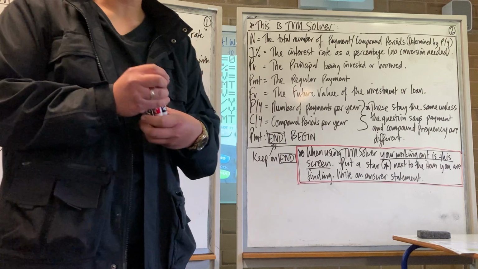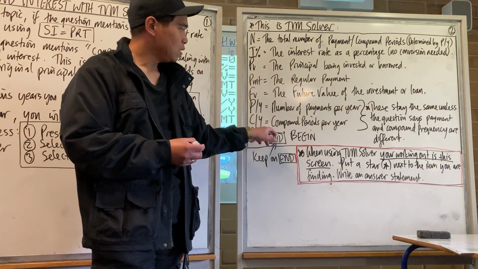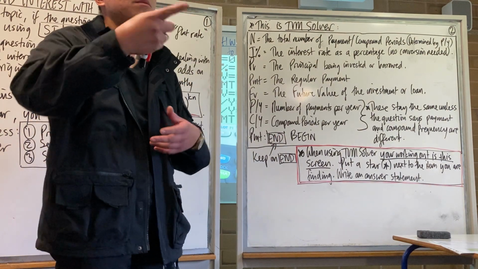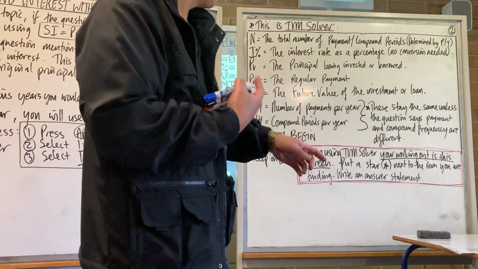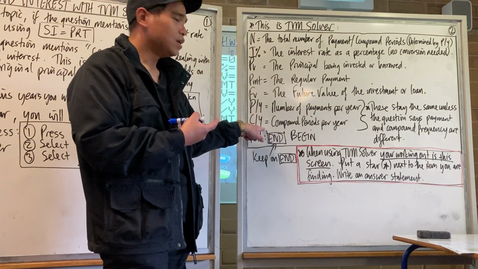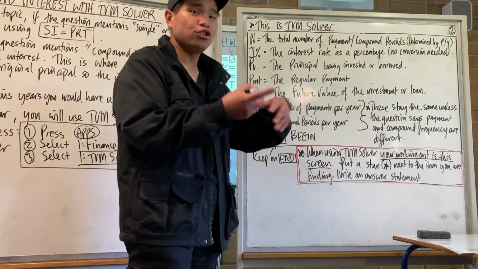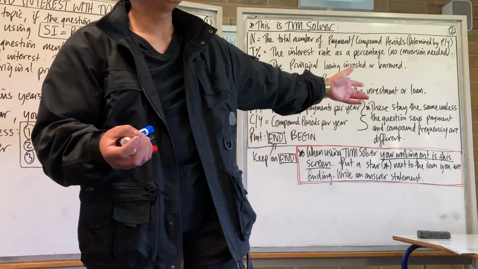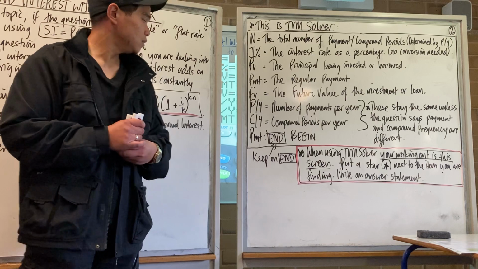Can you pay them more often than that? The bank always compounds once a month, so that's always going to be 12, but you can pay the bank more often. I get paid every 2 weeks, every fortnight. So my PY is going to be different to my CY, right? In real life. For your questions at year 12, they're always going to be the same. I think that's a cop-out, but I'm not in charge, okay? I'd rather that you know they can be different.